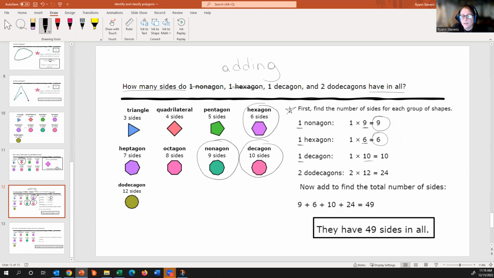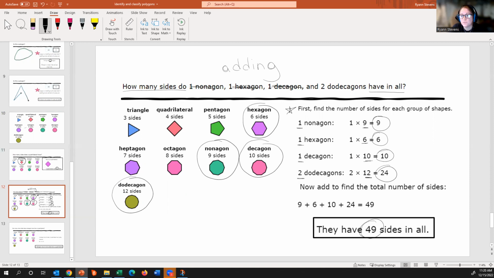And then I have 2 dodecagons, so 2 dodecagons is going to be 12 sides each. So I would end up multiplying this by 12 to give me a total of 24 sides. Once I have all of my sides listed, now I can add those numbers together to find the total number of sides. So 9 plus 6 plus 10 plus 24 is going to give me a total of 49 sides in all.